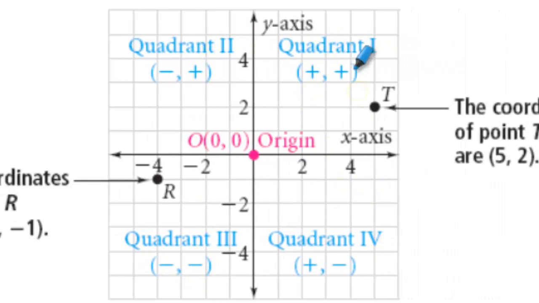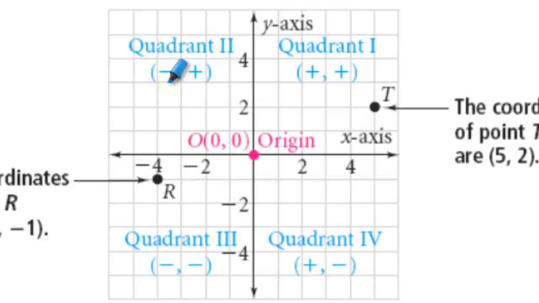There's some other information here that'd be nice to know. We won't spend a lot of time worrying about it, at least right now. We begin in this quadrant right here, quadrant 1, and then we number them counterclockwise. So this would be quadrant 2, quadrant 3, quadrant 4. And these plus or minus values are the signs of the x and the y values in that quadrant. Meaning if you have a point located in quadrant 1, the x value is going to be positive and the y value will be positive as well.